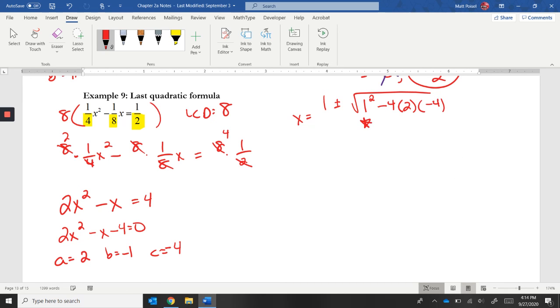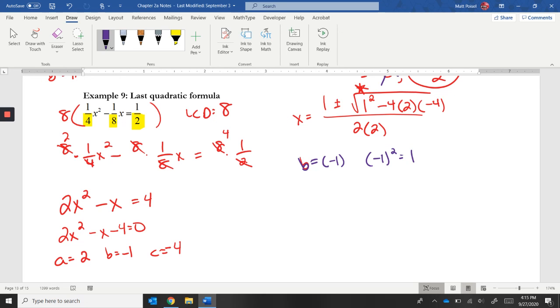And now let's put it over the fraction. I really want to talk about this 1 squared part right here. The only reason I'm allowed to do that is because technically b was equal to negative 1. Now if we take negative 1 squared, we get 1. A negative times a negative is always going to be a positive.